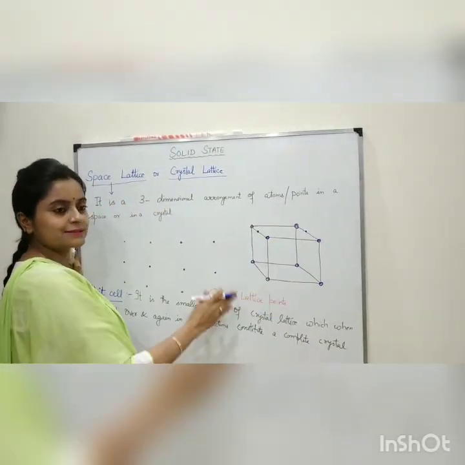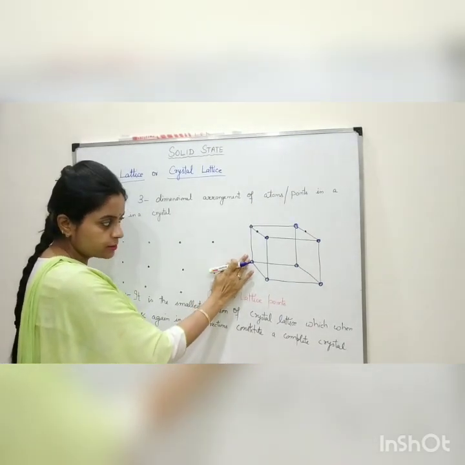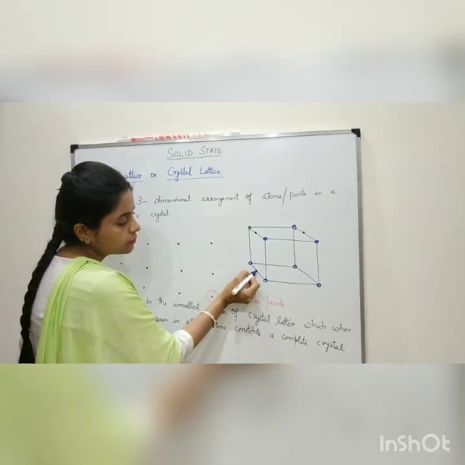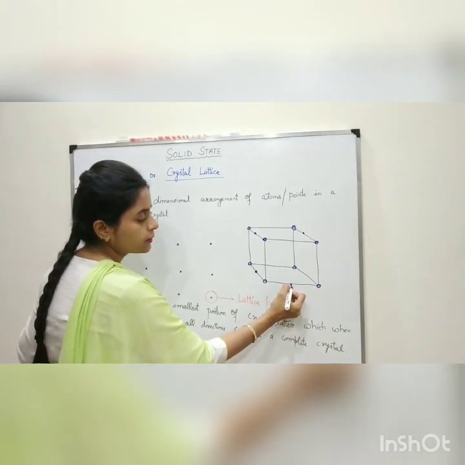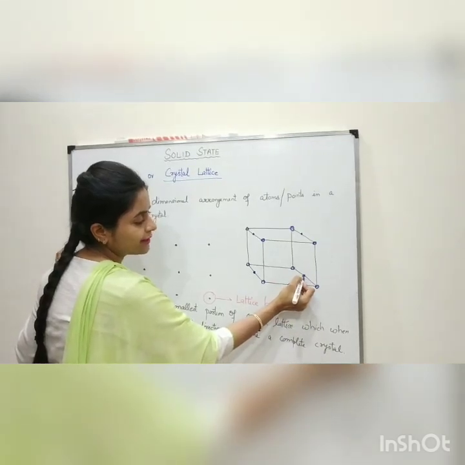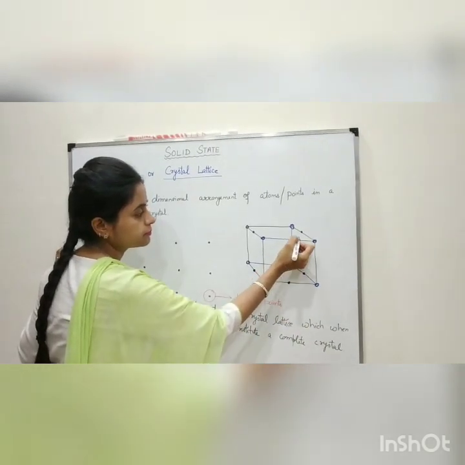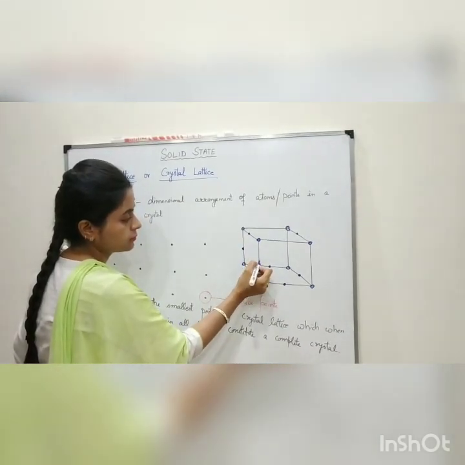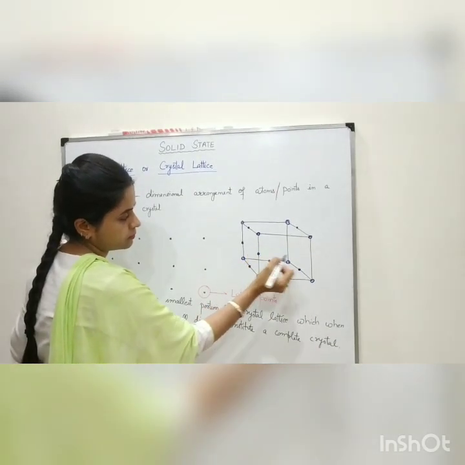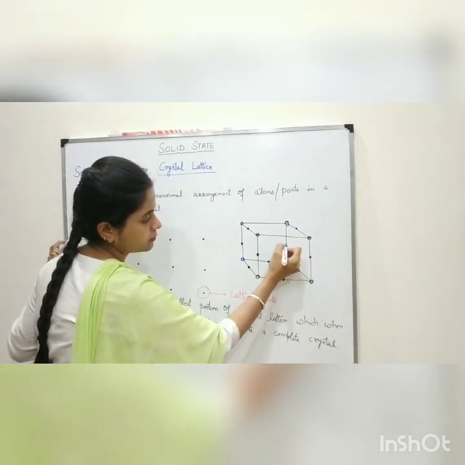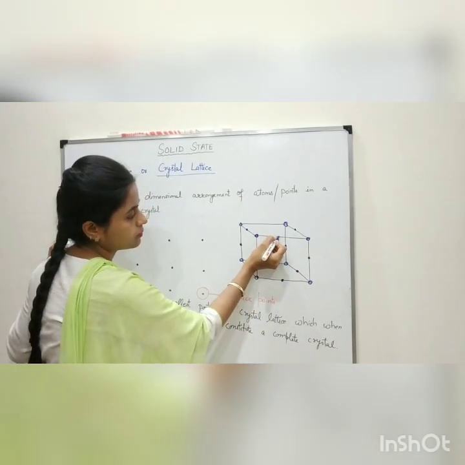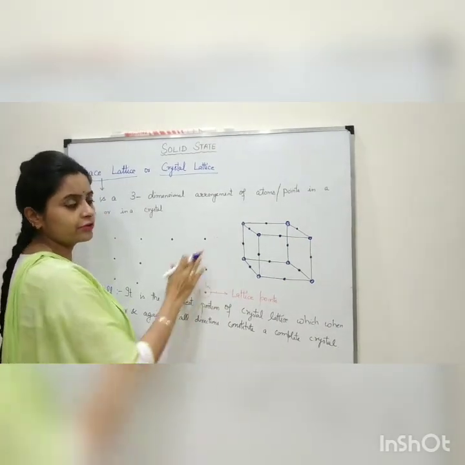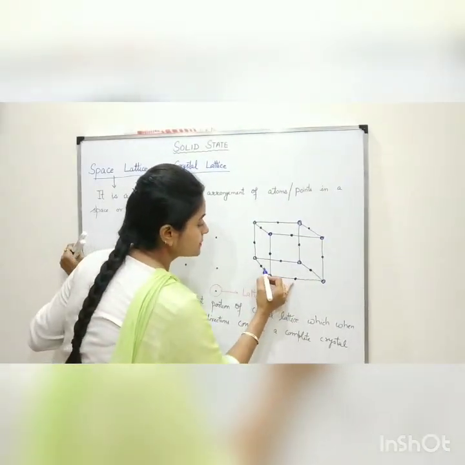Then we draw the complete crystal like, firstly you draw a cube having atoms at the corners, then you draw atoms at the mid of every edge. After this, join the opposite midpoints.